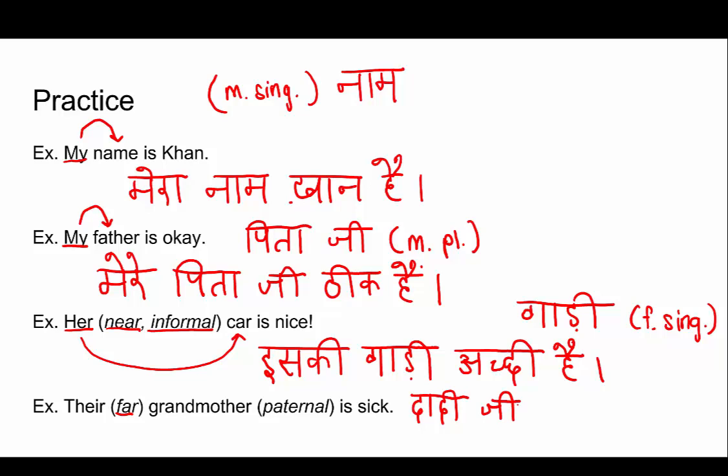So the word for there, referring to a far away there, is either unka, unki, or unke. Now, once again, there has to agree with the noun that's being possessed, which is dadiji, a feminine plural noun. Remember, we're treating dadiji with respect, so we want to treat her as a plural noun. So, we'd have to use unki.